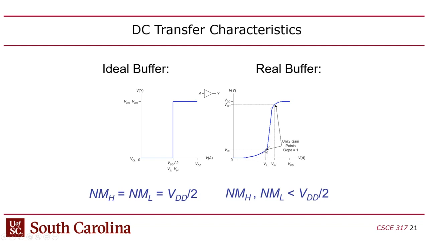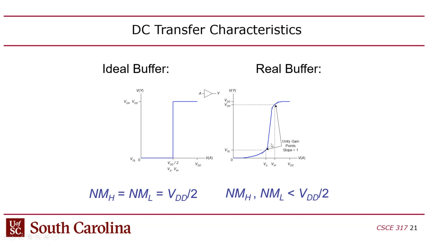Obviously it's in cutoff for a while, and the line stays at 0 until at some point you start to linearly increase the voltage. Well, actually, wait a minute, that would be true for an inverter, but this is a buffer. So that's a bad analogy, but you get the idea. The output goes up linearly at a certain point, and then it jumps up real fast when both sides go into saturation mode, and then you get a linear roll off, and then finally cutoff, right? So you get an S-shaped curve basically.